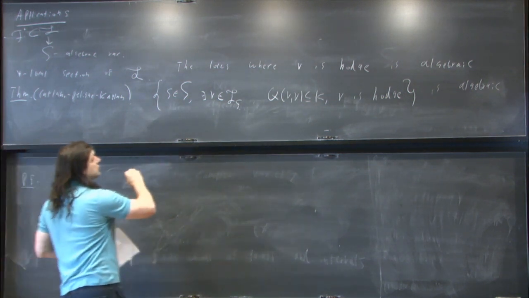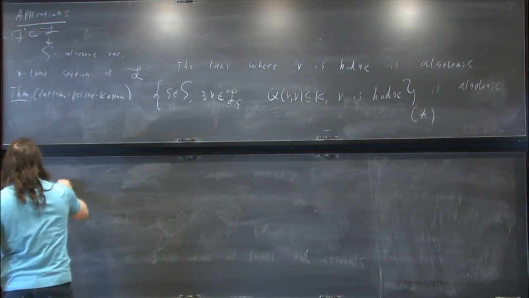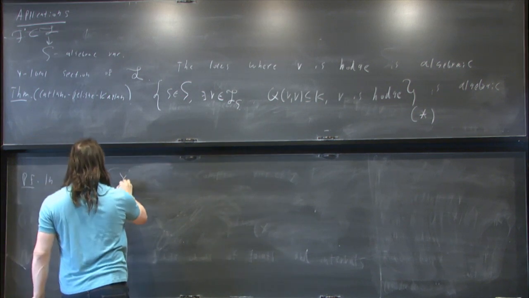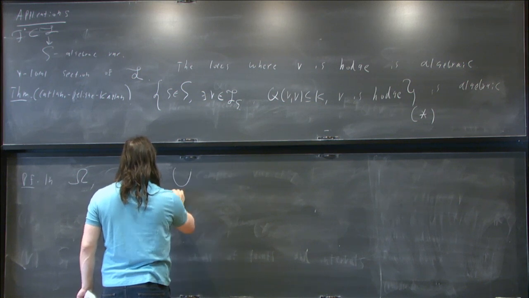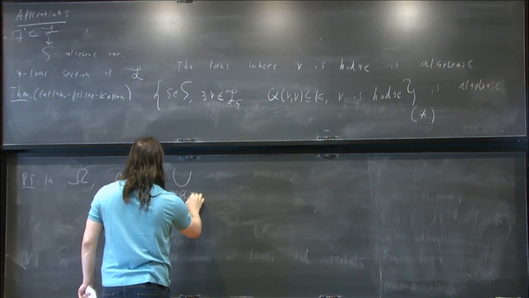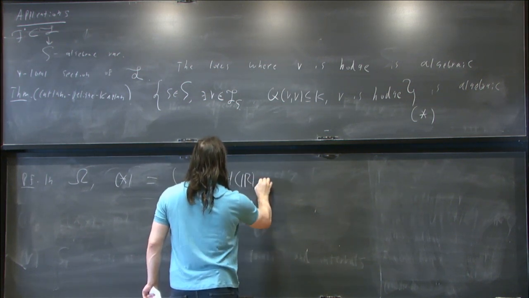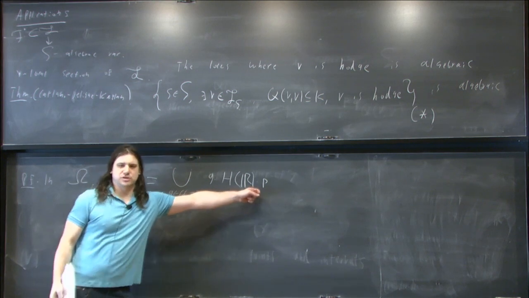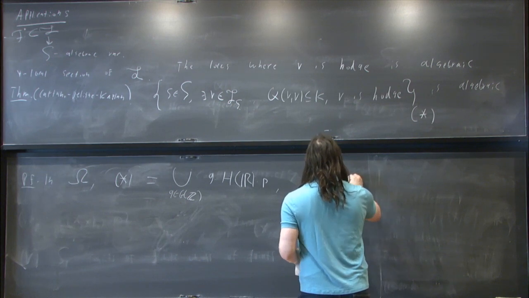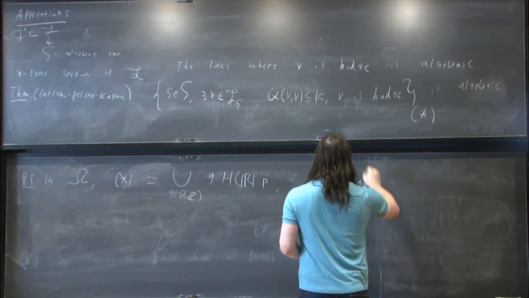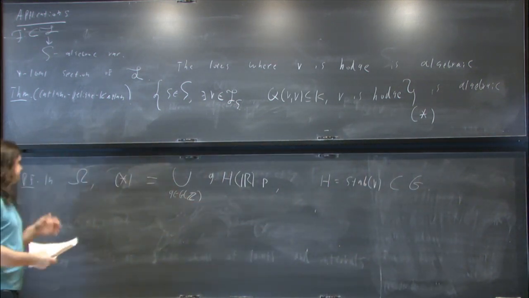So look at this locus star. In Ω, you can show that star, the locus where this is true in Ω, is given by a union of semi-simple orbits of a single point, and then translates of those, where H is the stabilizer of one of these vectors V inside G. So it's some purely group theoretic thing, regardless of what it is.